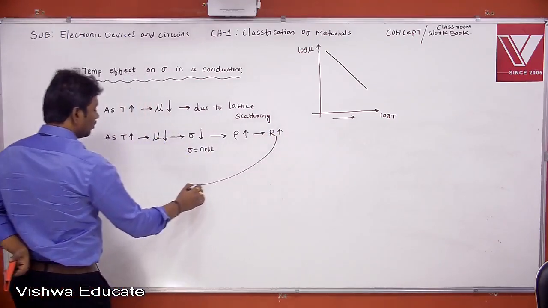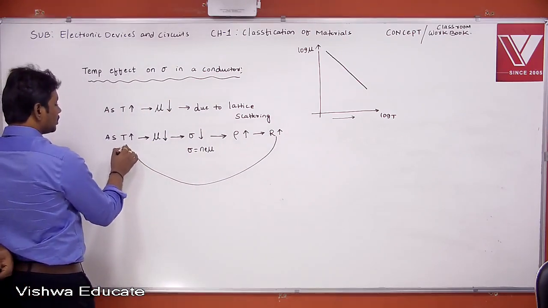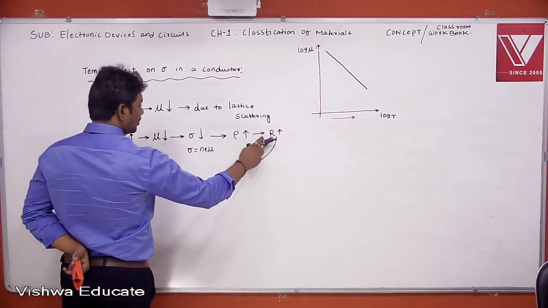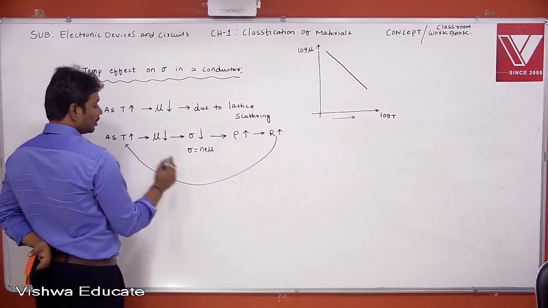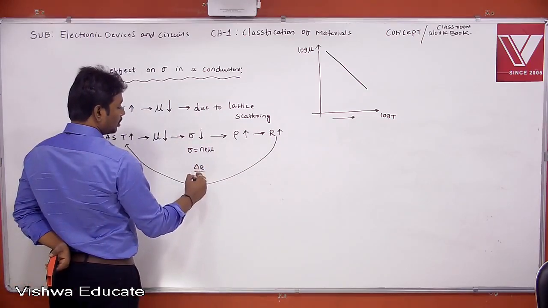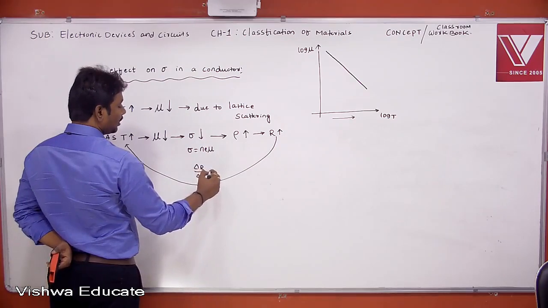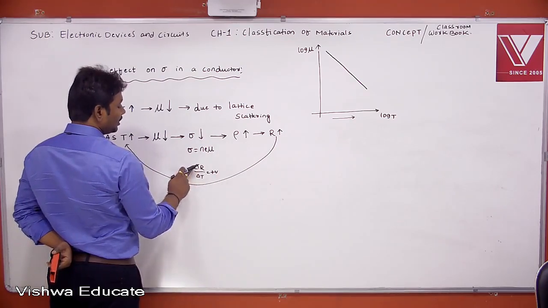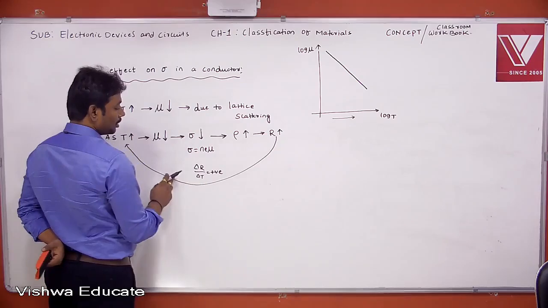If resistivity is increased, it means the resistance increases, right? That's why metals or conductors exhibit positive temperature coefficient. Here resistance is increased because of increasing temperature, so it exhibits positive temperature coefficient. That is, delta R by delta T, the change in resistance with respect to temperature, is positive.